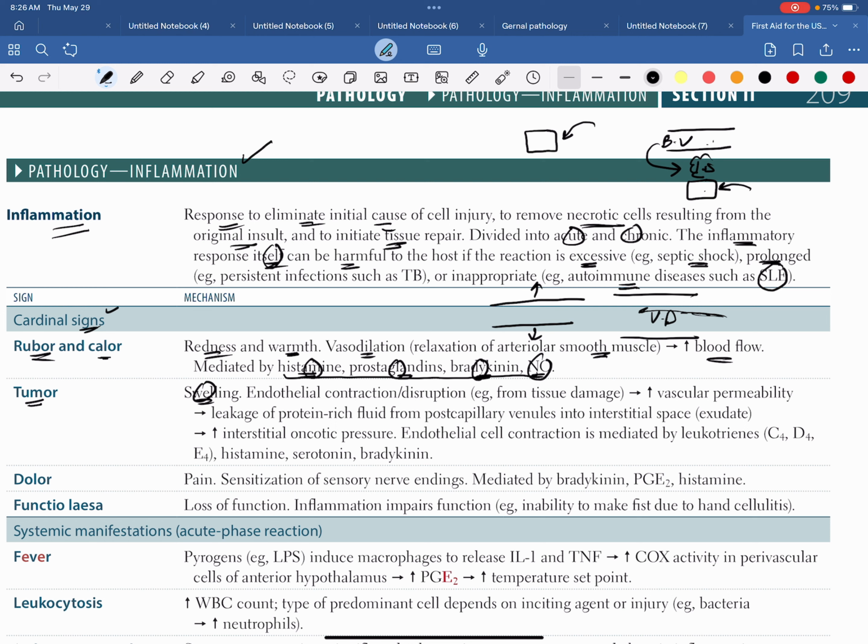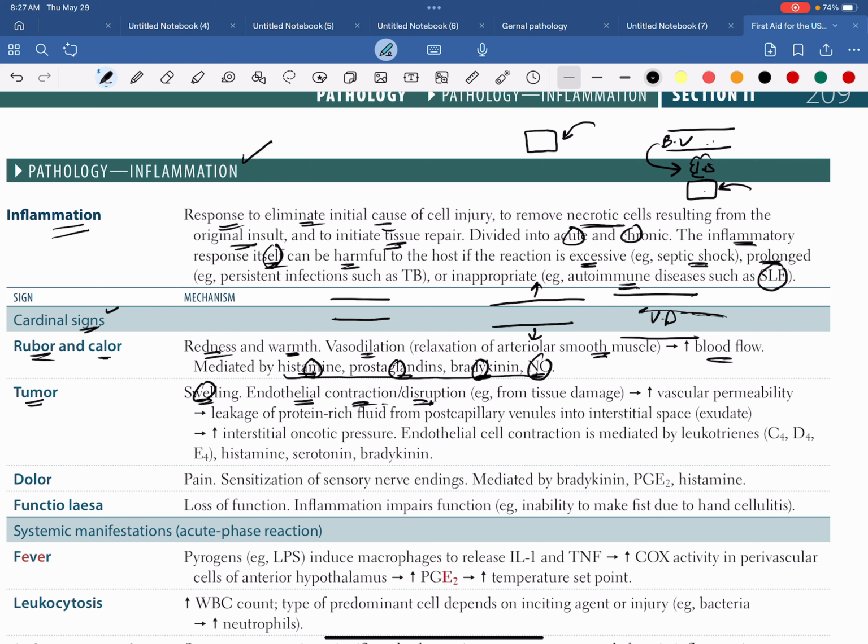So here they mention, when there is inflammation, let's suppose this is the blood vessel. When there is inflammation, the first thing you have to understand is the damage of endothelial cells in your tissue. When the tissue damage occurs, your endothelial cells will contract or become disrupted, so your blood vessel permeability will be disrupted.